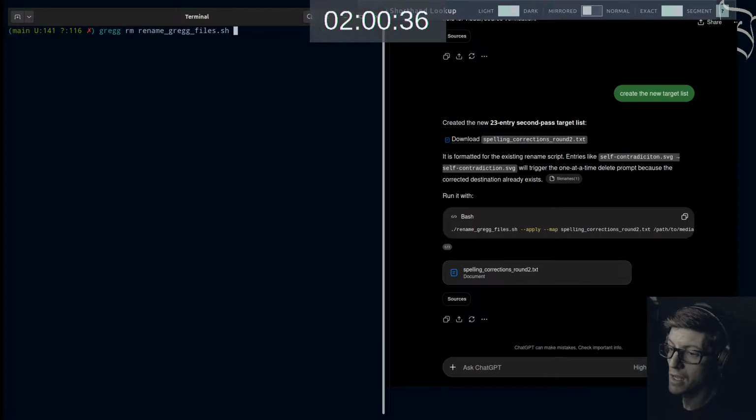So if I ever need it again, I have it available, and we probably would do an updated version later. So we're going to remove the sh file, and I'm also going to remove those two txt files.